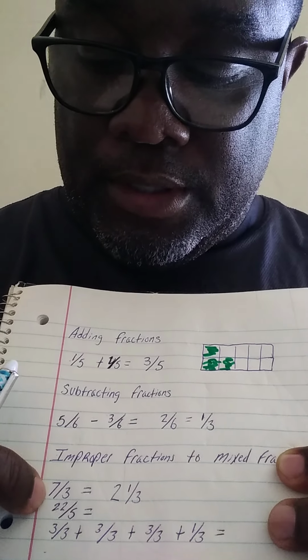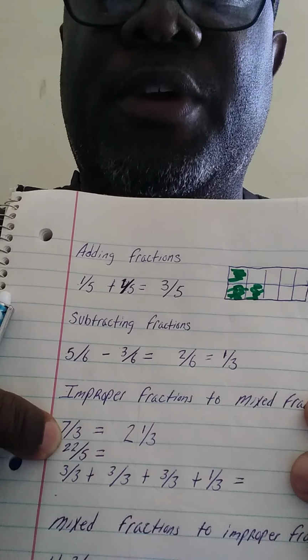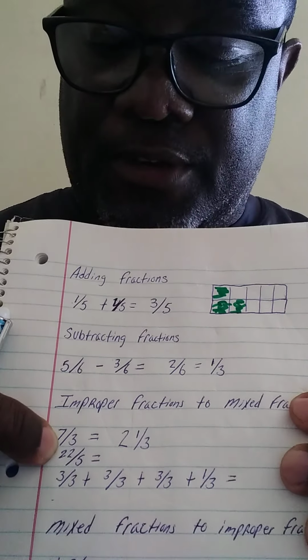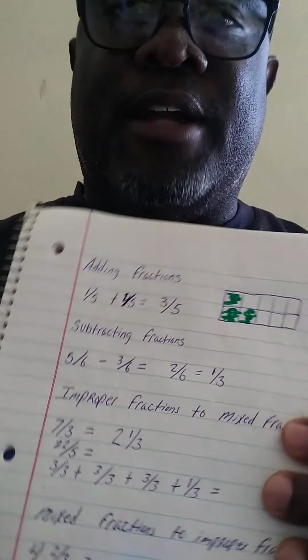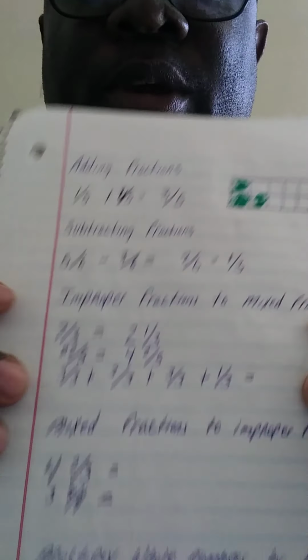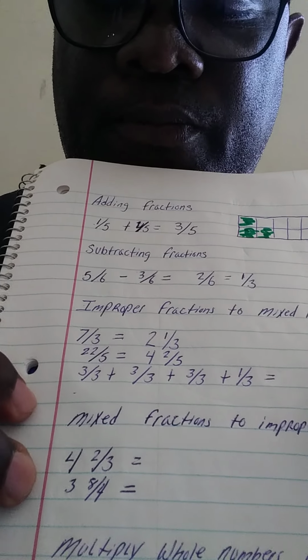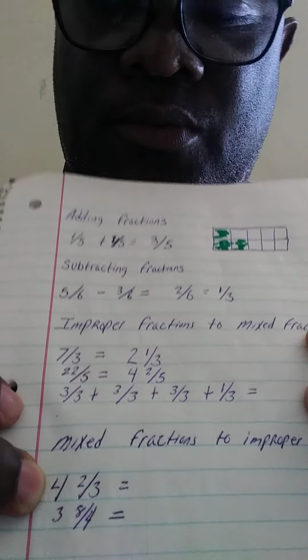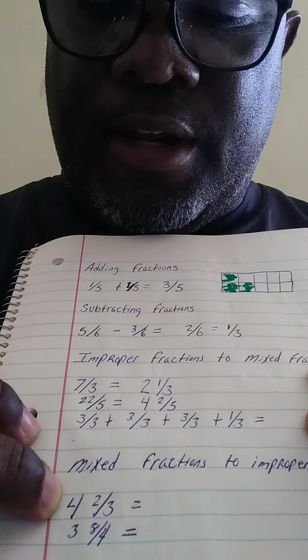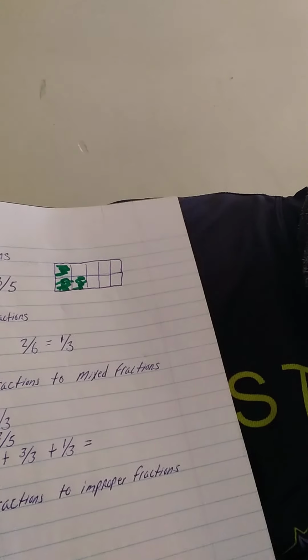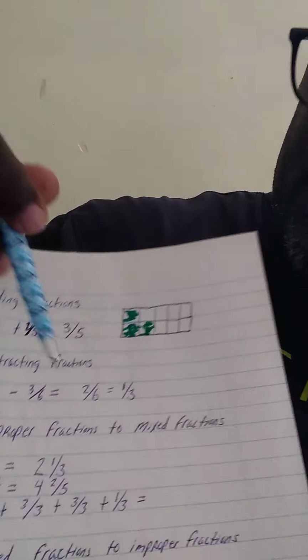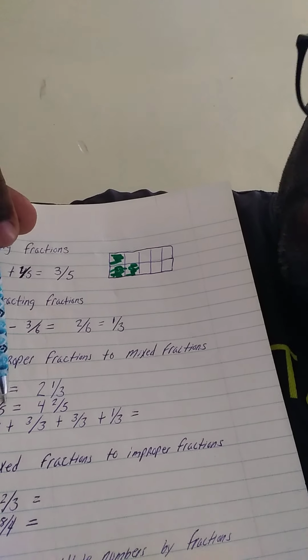Then we have a second one down here, 22/5. What is 22/5 as a mixed number or mixed fraction? Right here, we came out with the answer 4 2/5. We got 4 2/5 right here, because as you see, it's 22/5.